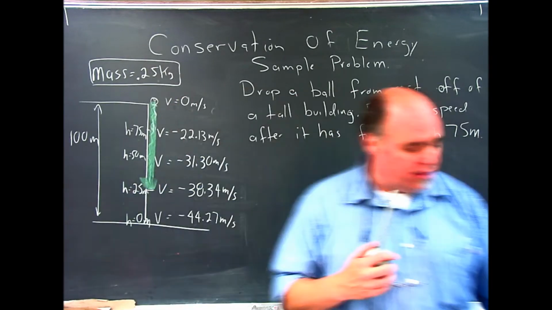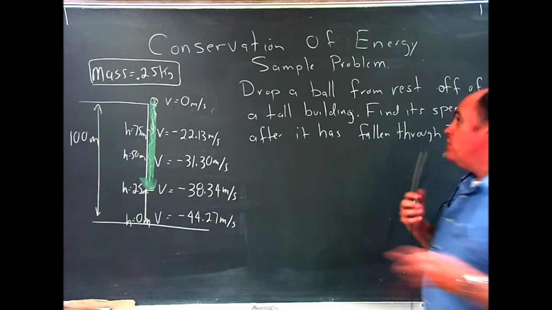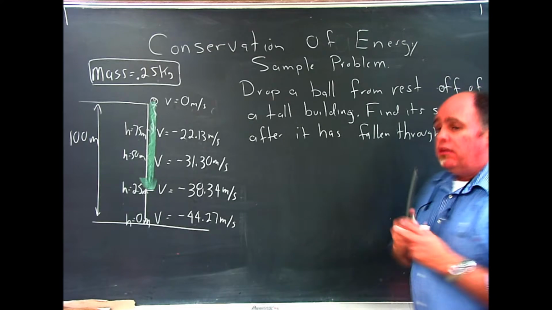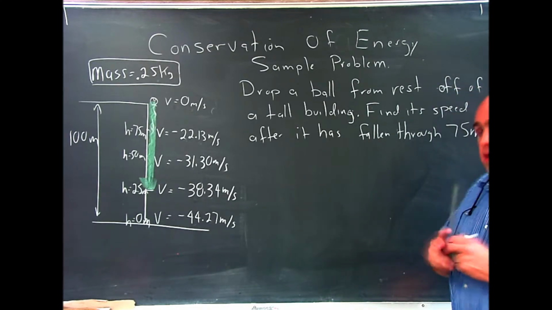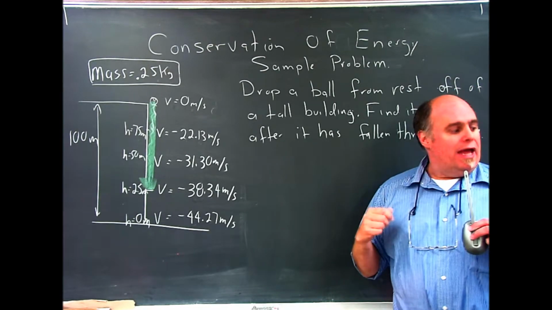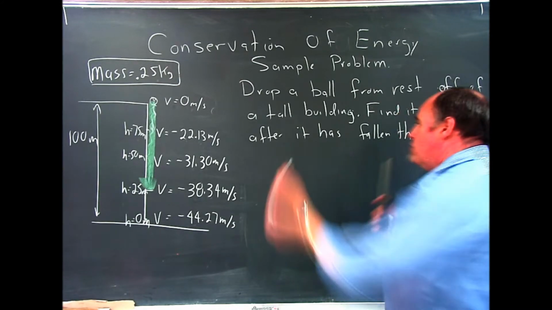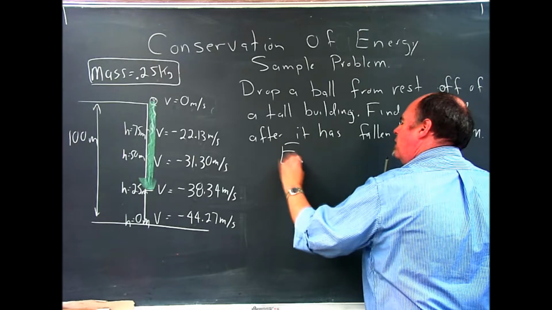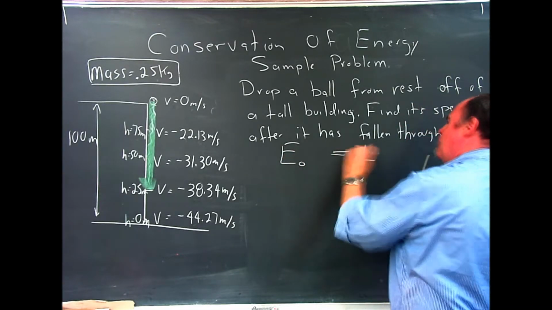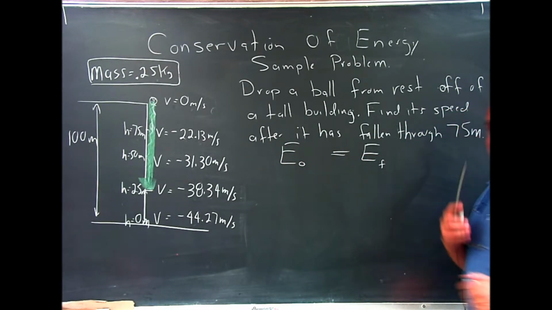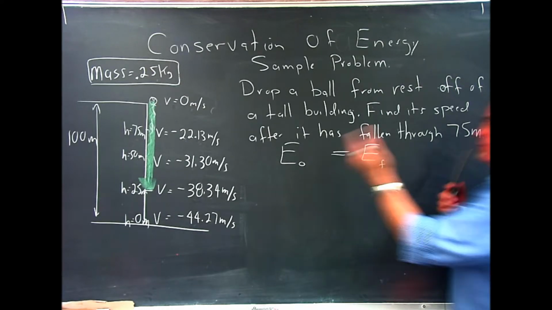It will not tell us the vector piece. So what is conservation of energy? It basically means that the total energy at the beginning is equal to the total energy at the end. We're pretending there's no air resistance. So the energy total at the beginning will equal the energy total at the end. Okay? What is the energy total?